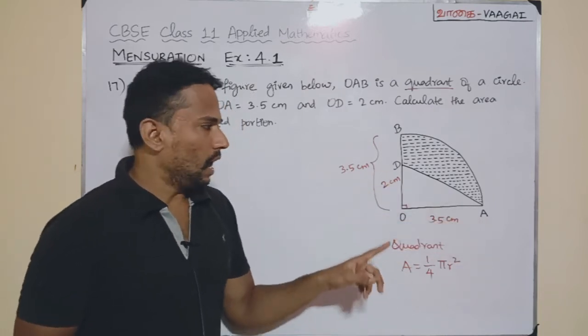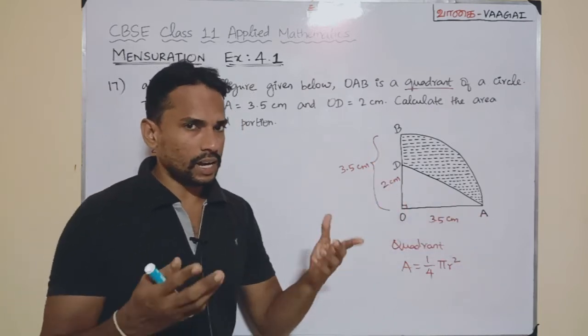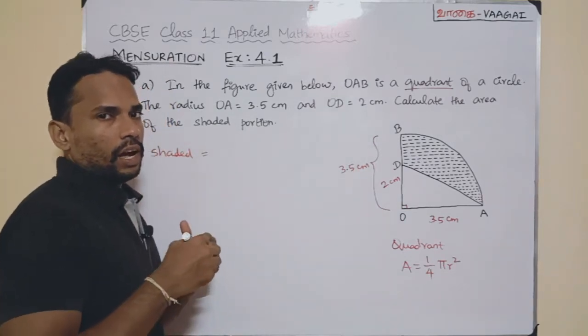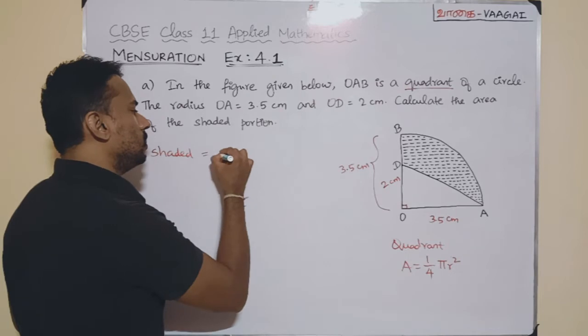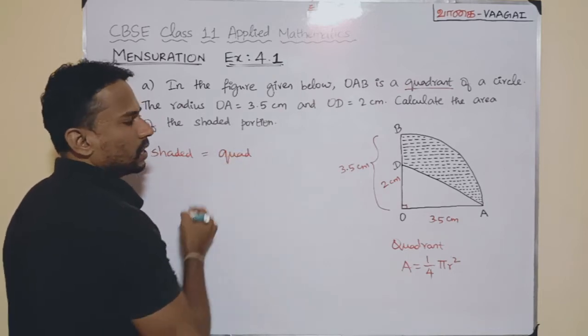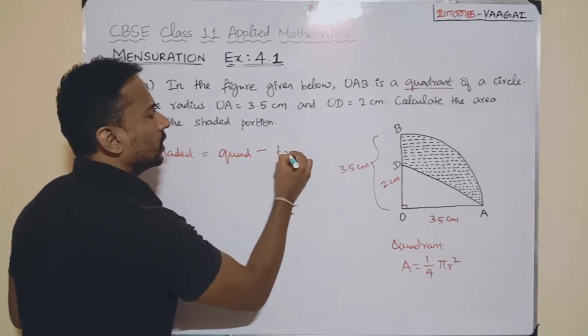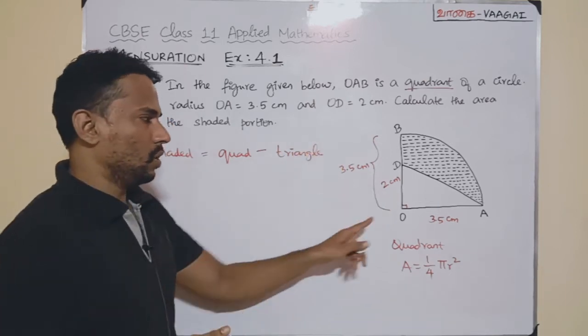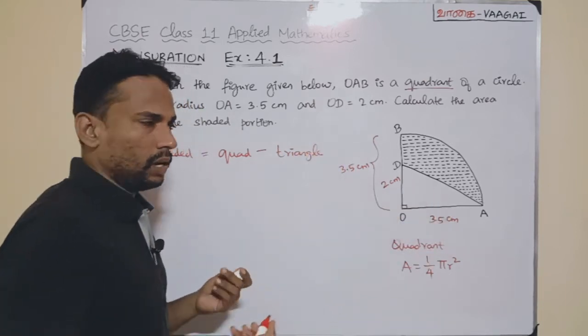And remember that OAD is a right angle triangle. So to find the area of the shaded region, I can simply do the quadrant area minus the triangle area. Triangle means the right angle triangle OAD. If I do that triangle area, I can easily get the answer.